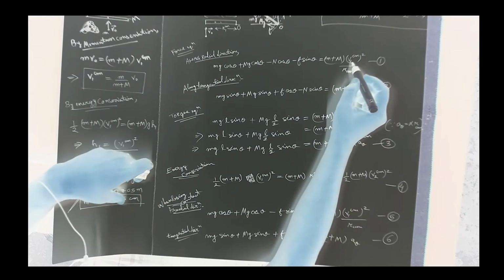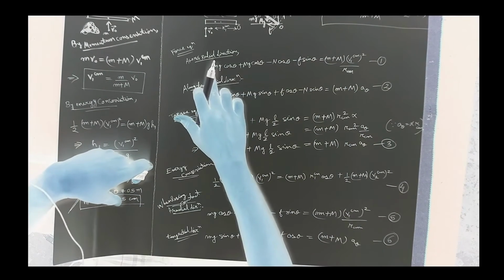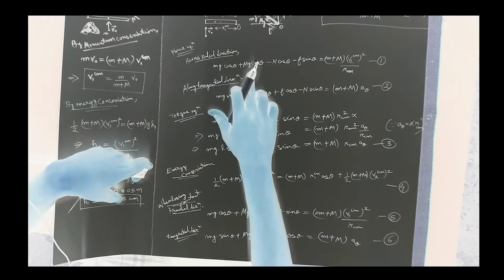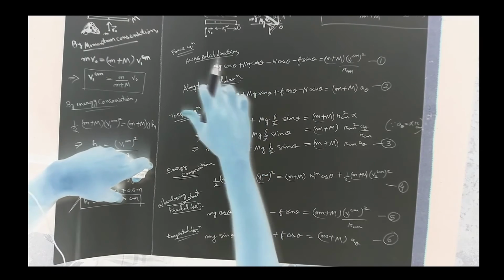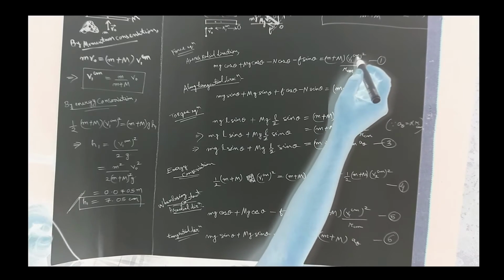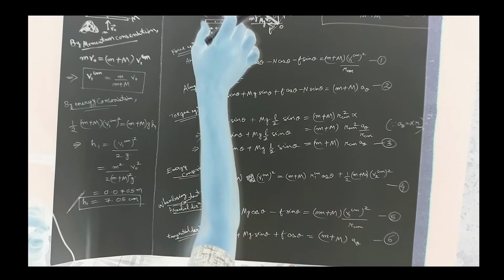I am writing the radial forces. The force along the radial direction is equal to m v1 cm square by r cm. This is not going to be v1 cm square, but v2 cm square, because v1 cm is just the velocity of the center of mass just after the collision.